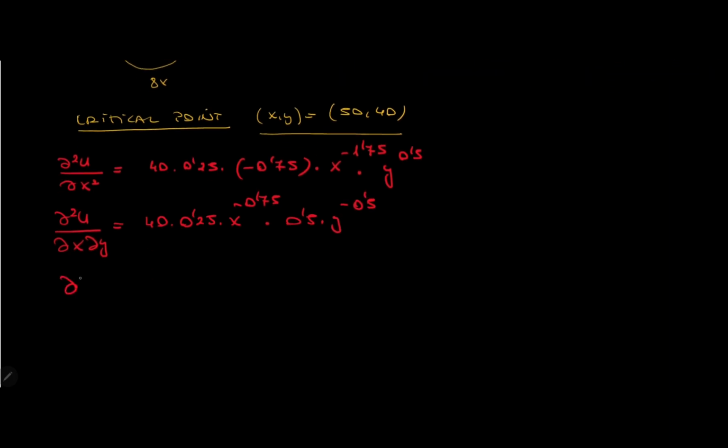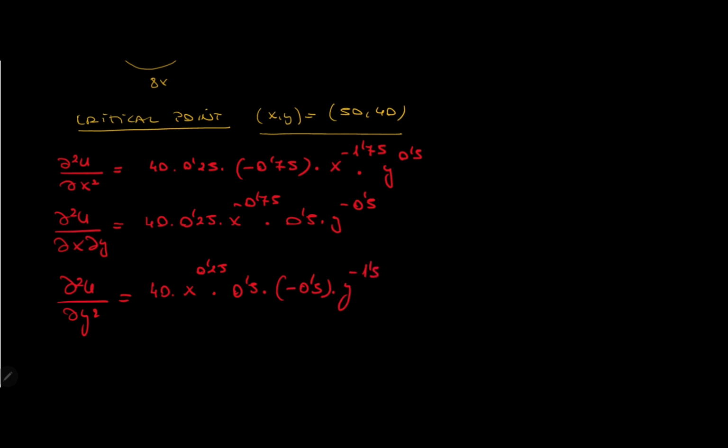And the second order partial derivative according to y twice is 40 times x raised to the power of 0.25 times 0.5 times minus 0.5 times y raised to the power of minus 1.5.